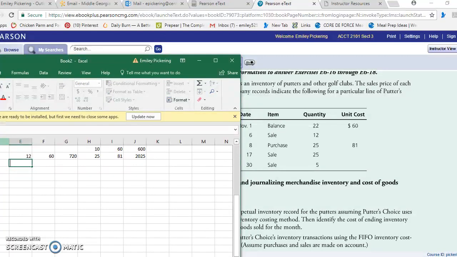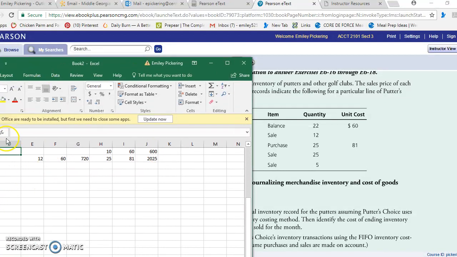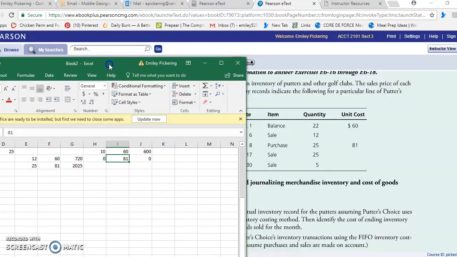If we're using LIFO, we're going to use the newest one that we just purchased. So it's going to be all 25 of the $81 ones that we just bought. Okay, so now we're left with 0 here. So cost of goods sold there was $2,025, and I have $600 left in my inventory.